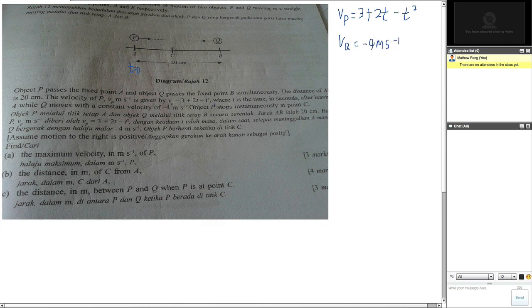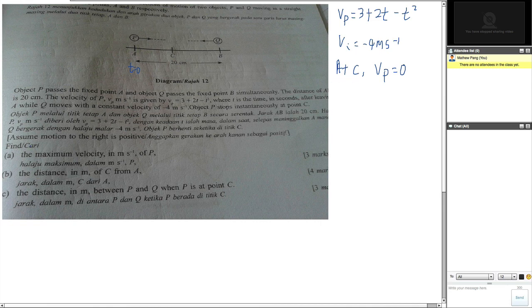Then object P stops instantaneously at point C. So at position C, the velocity of P is 0, because the question says particle P will stop here. This is information you must understand before we start.